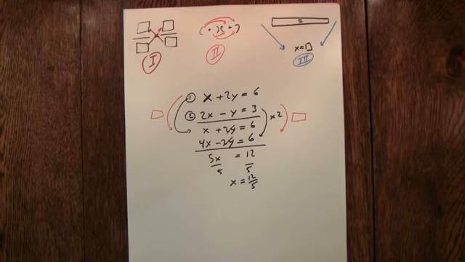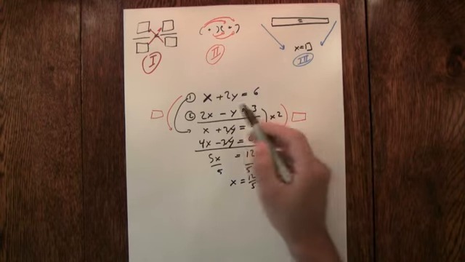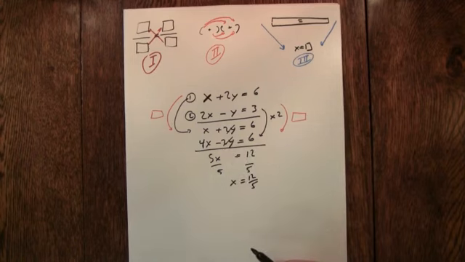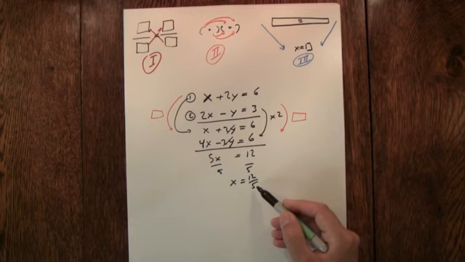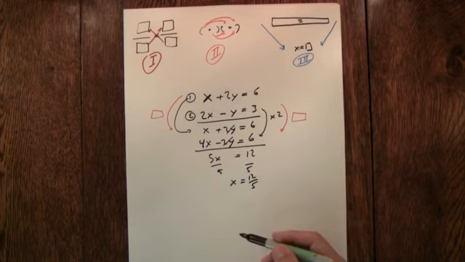Now what you end up doing is taking the x and plugging it back into either this equation or this equation, because you still need to solve for the y, right? When you're solving these types of problems, it's a good idea to plug it into both of those to make sure it becomes a check, to make sure that this is correct.